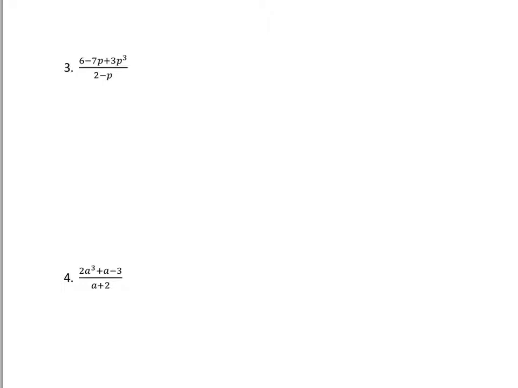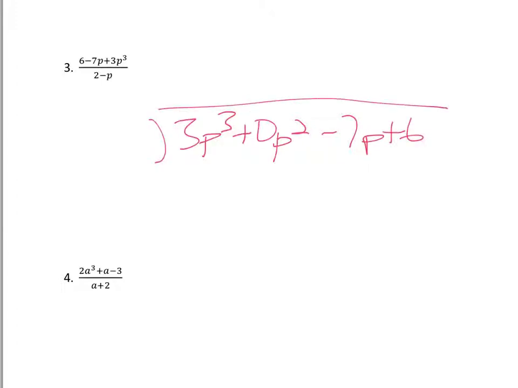Okay, so for this one, we've got 3p cubed plus 0p squared, because there's no p squareds, minus 7p plus 6, and we'll divide that all by negative p plus 2. Okay, so we have to figure out how to make negative p cancel out with 3p cubed.